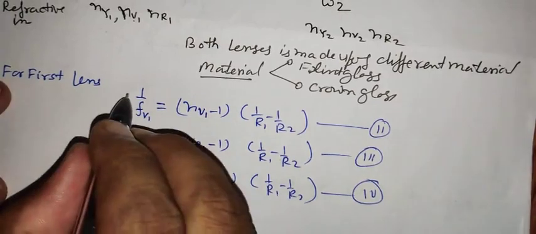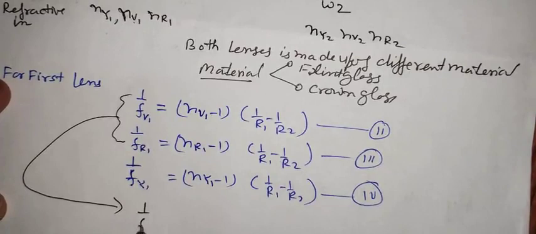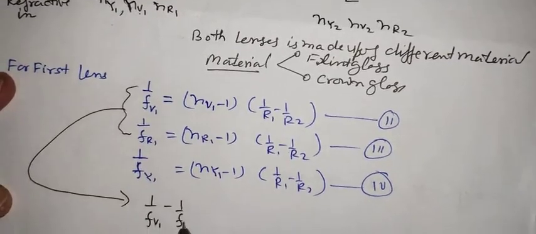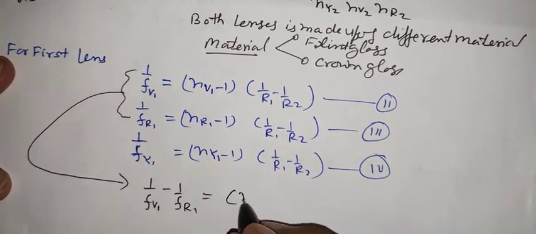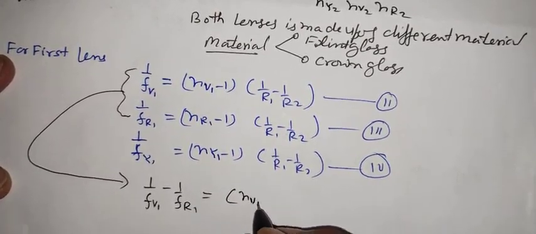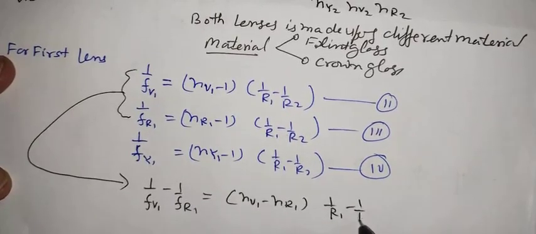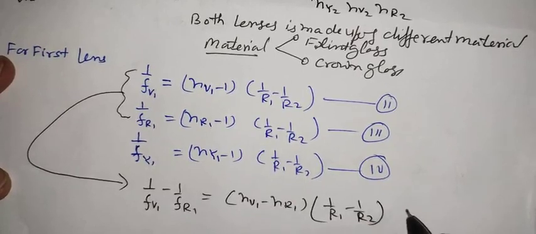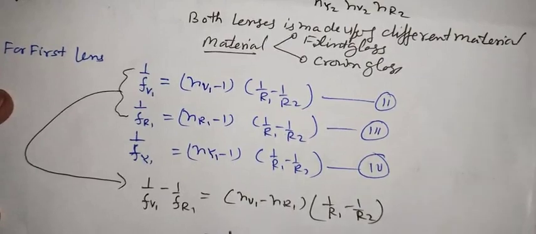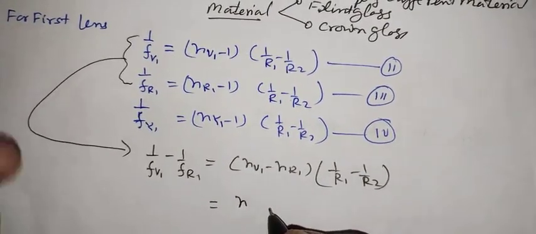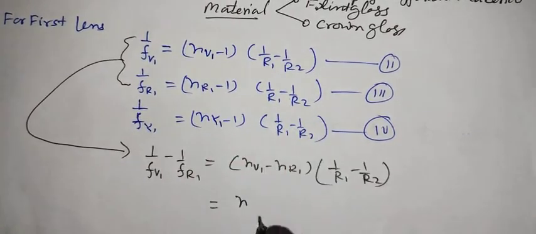From equations 2 and 3, one may obtain 1 by fv1 minus 1 by fr1 is equal to (nv1 minus nr1) times (1 by r1 minus 1 by r2). Further, we do the same process as we did in the derivation of the formula for axial chromatic aberration.